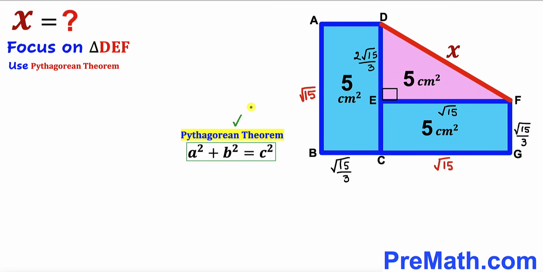Here's our Pythagorean theorem: a square plus b square equal to c square. In our case our hypotenuse is x, whereas our two other legs are square root of 15 and 2 times square root of 15 divided by 3. Let's go ahead and fill in the blanks in this Pythagorean formula.